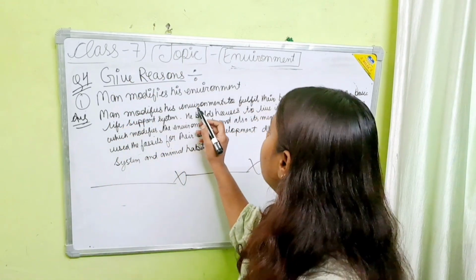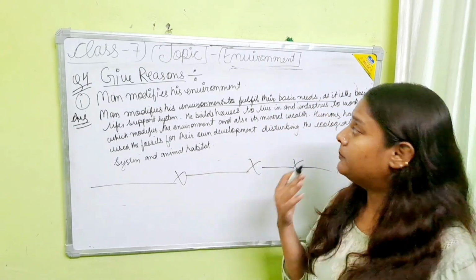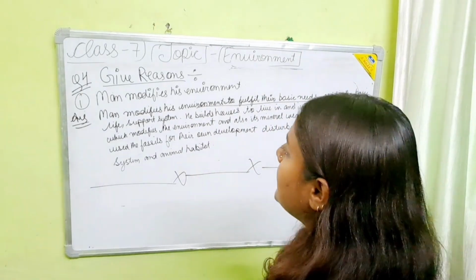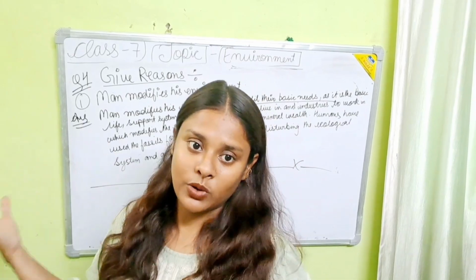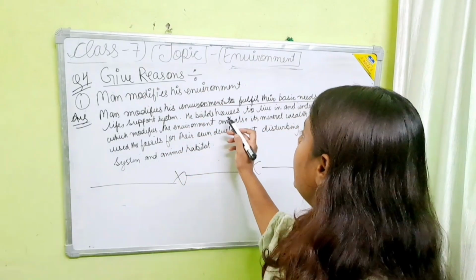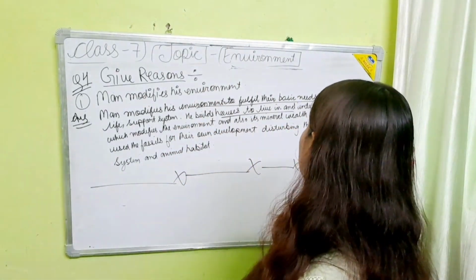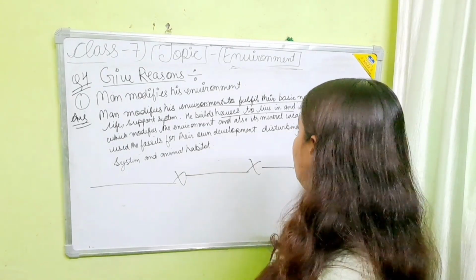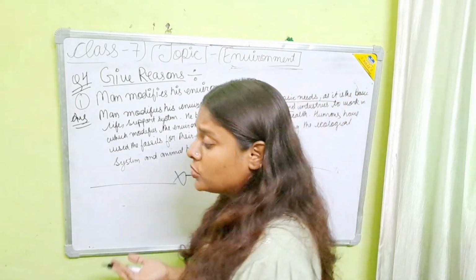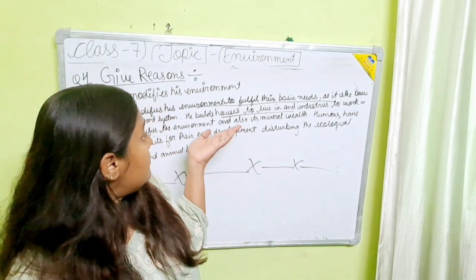So man modifies his environment to fulfill their basic needs, as it is the basic life support system. As environment is the basic life support system, he builds houses to live in and industries to work in, which modifies the environment.